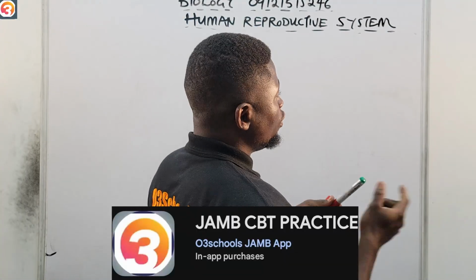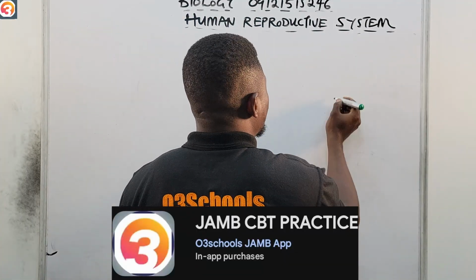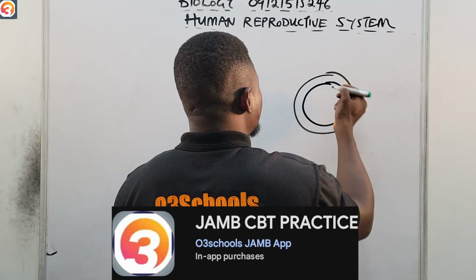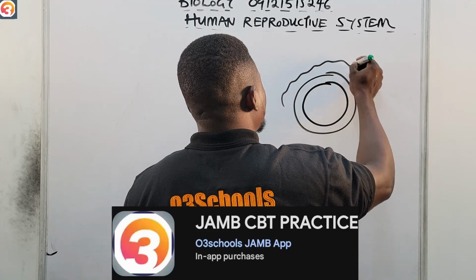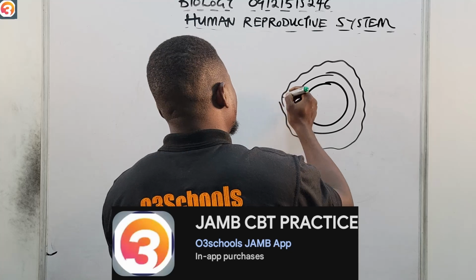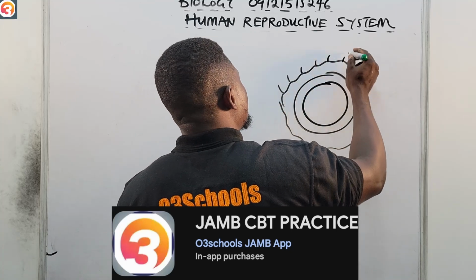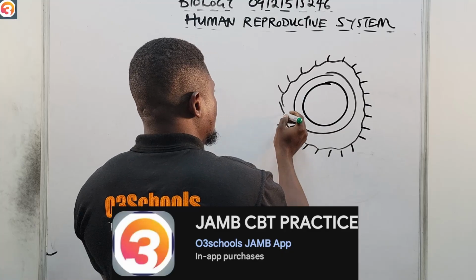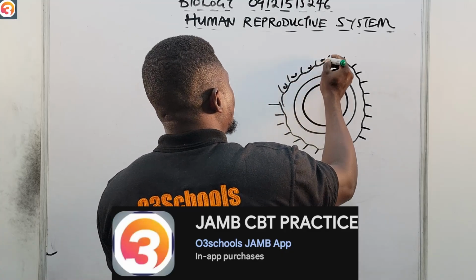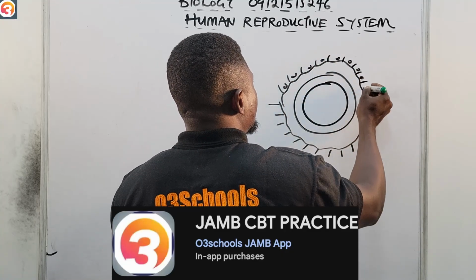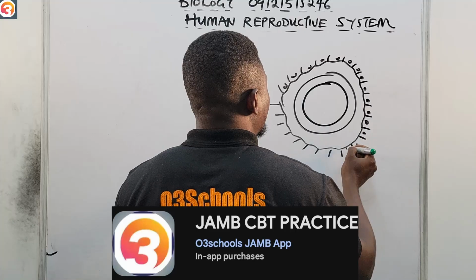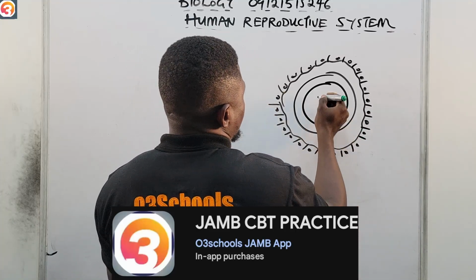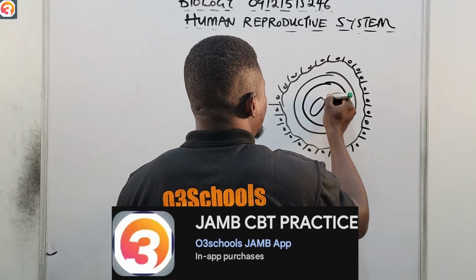Okay, so this is how the ovum looks like. We have something like this, then another one like this, then something like this, and in between them we have something like this. Here we have the nucleus somewhere here.